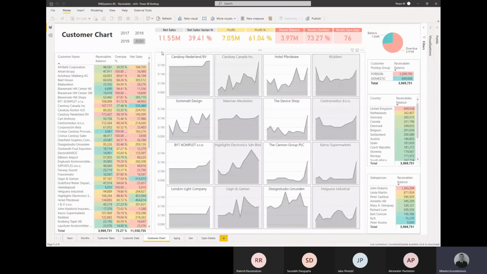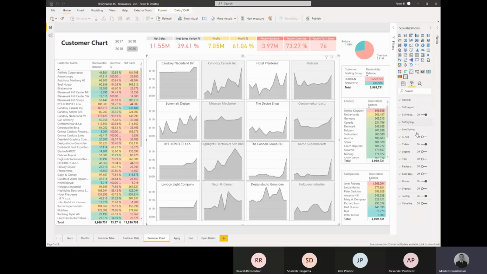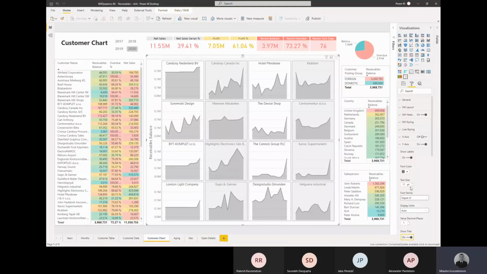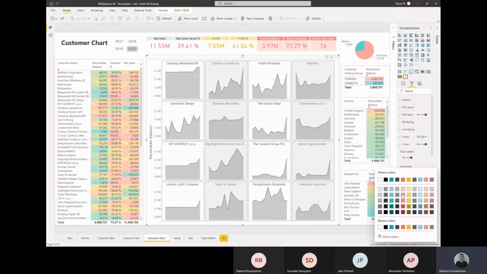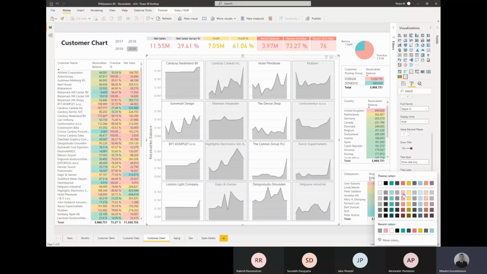Let's just double check because we do not see all information here. So let's just go into the visualization, into the y-axis and see the title here, receivable balance it is. So it's good to highlight this maybe like this. Oh, not the font color of this, but of the title here, like this.